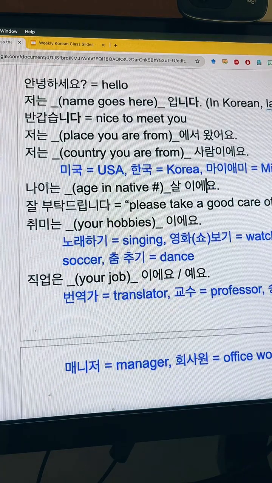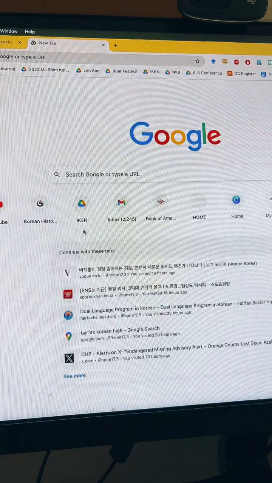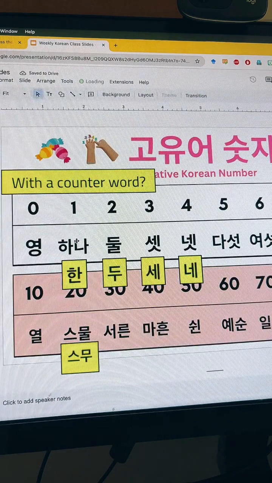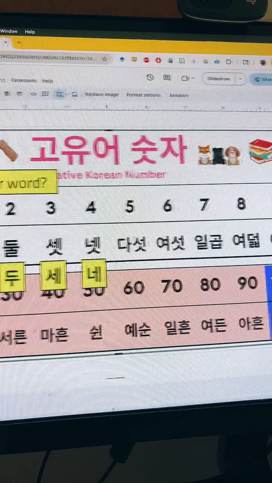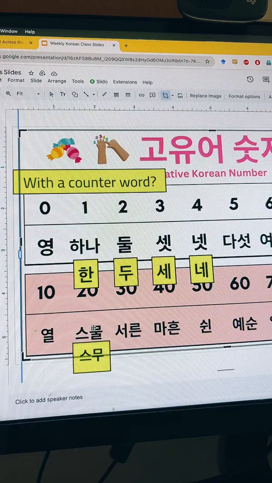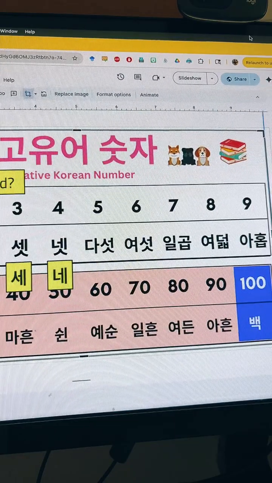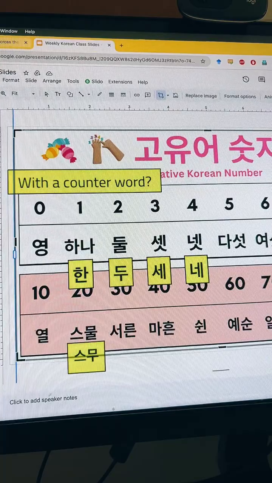And then if you want to say your age, 나이는 blank 살이에요. And to practice the age, native number is here. So you can say, 하나, 둘, 셋, 넷, 다섯, 여섯, 일곱, 여덟, 아홉, 열, 스물, 서른, 마흔, 쉰, 예순, 일흔, 여든, 아흔, 백입니다.